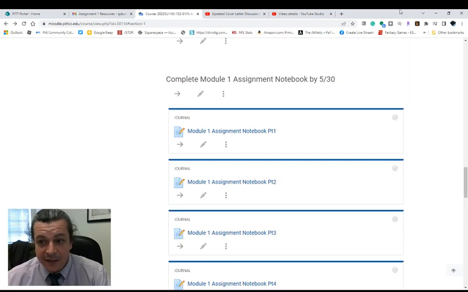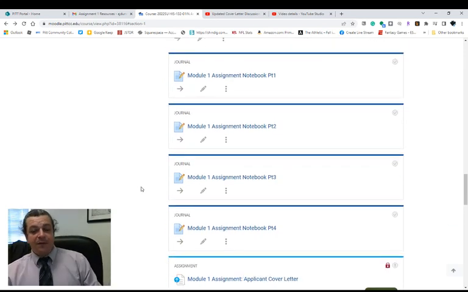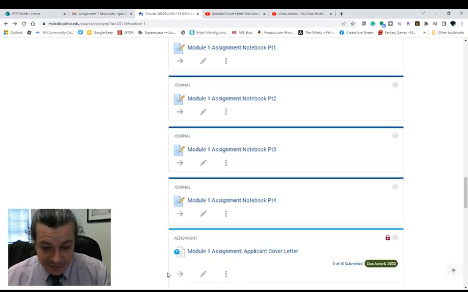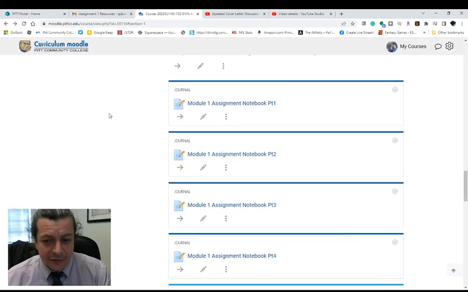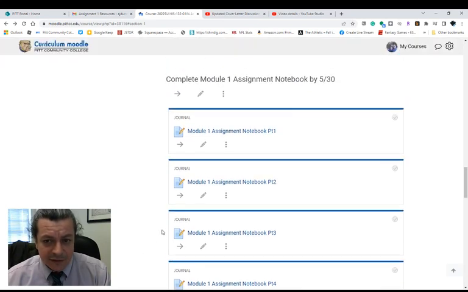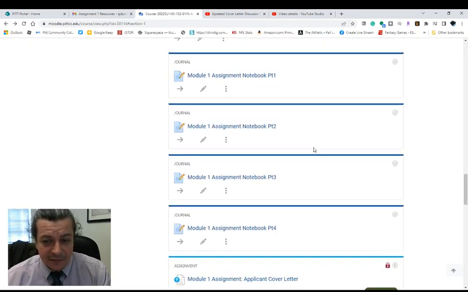But here, the next part: each module, again, we're culminating this capstone assignment, the module 1 assignment. Every module is going to be working towards a major assignment. But what we have in the first week is these pre-assignments, these module assignment notebooks. These are preparatory assignments.